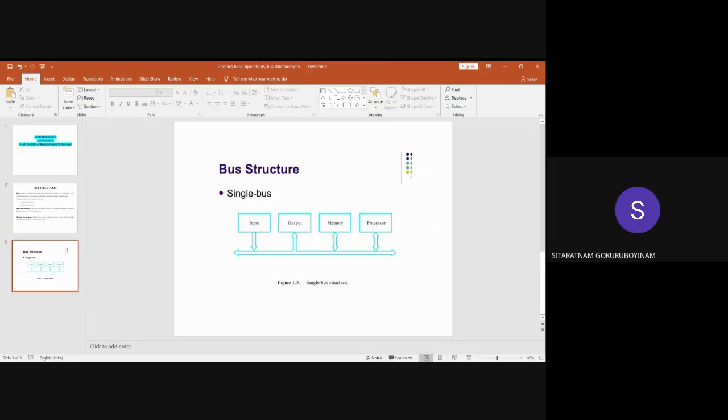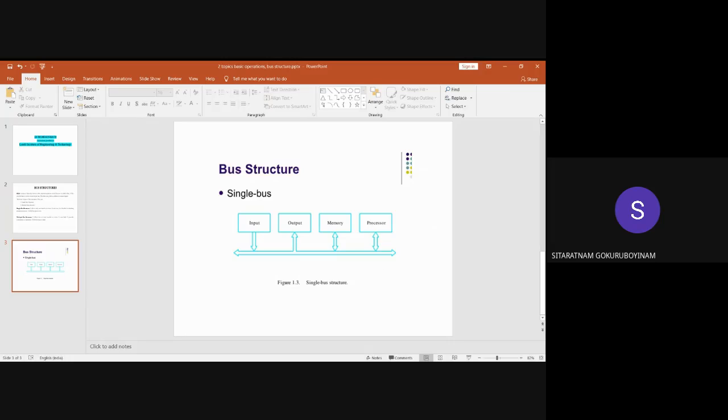Systems that contain multiple buses achieve more concurrency in operations by allowing two or more transfers to be carried out at the same time. So, by using multiple bus structures, we get better performance but at an increased cost.